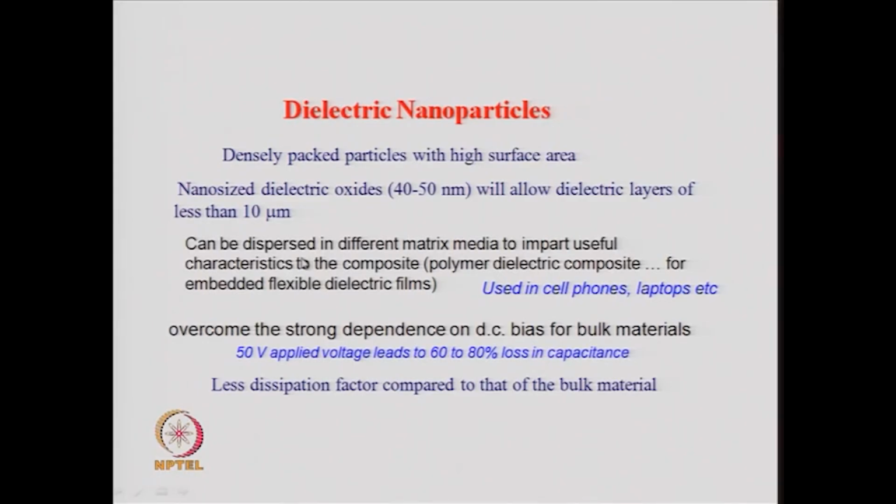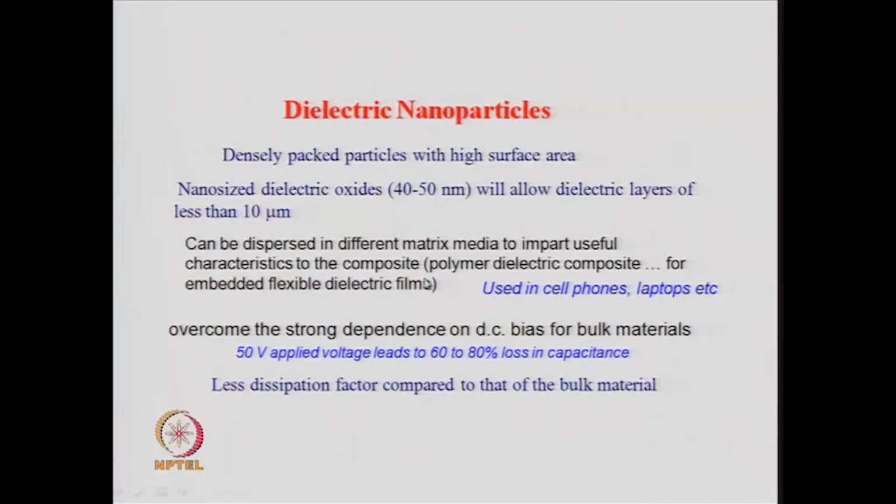The other property of importance for going for nanoparticles of these dielectric materials is that they can be dispersed in different matrix media. You can have a polymer or a metal ceramic composite, many matrices you can use, starting with these dielectric nanoparticles, which can be finely dispersed.